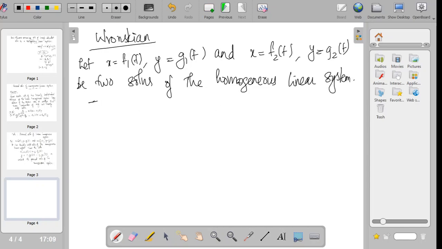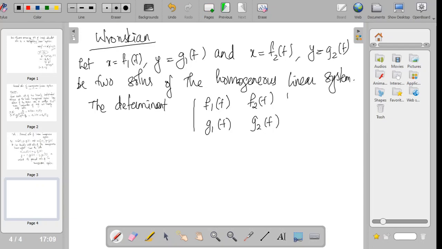Now the determinant, f1 of t, f2 of t, then g1 of t, g2 of t is called the Wronskian.